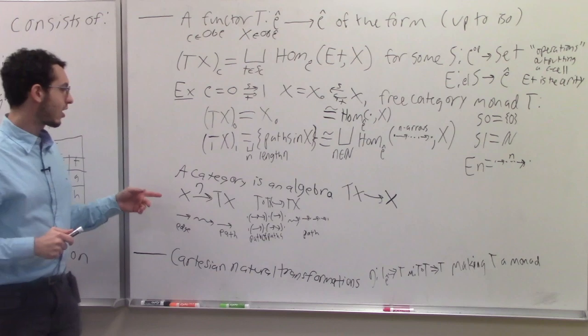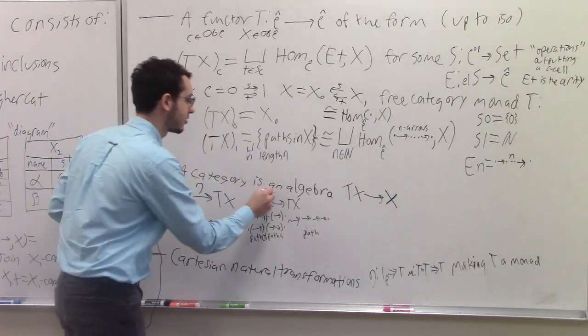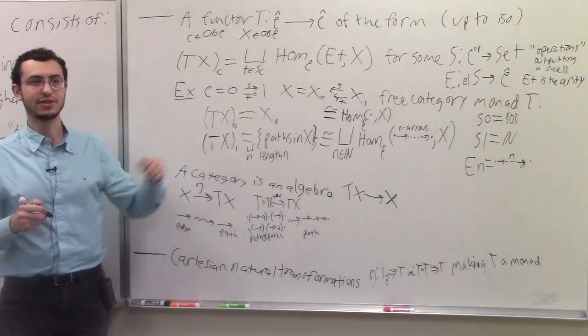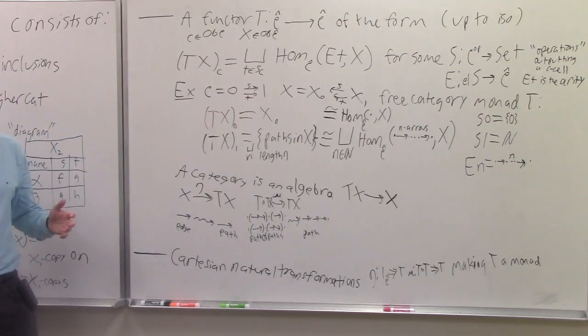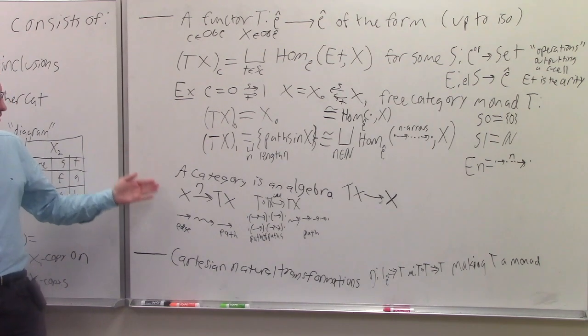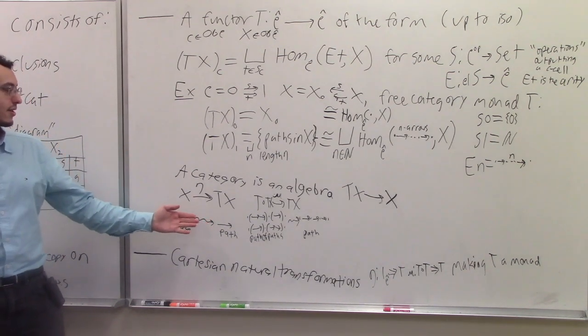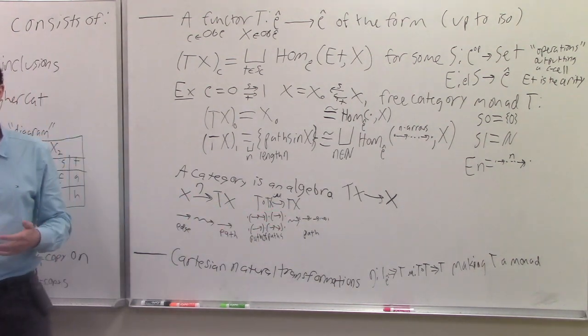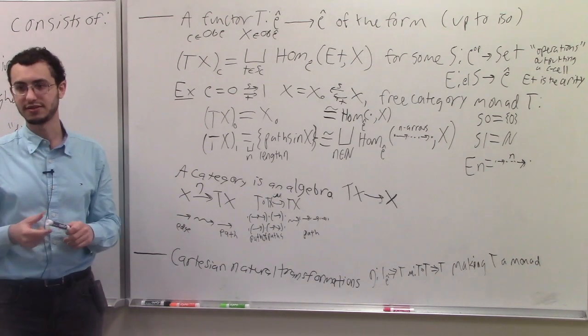I didn't actually write what eta and mu were in terms of these disjoint unions of representables. It'd be kind of messy. What I did instead was said, okay, we need edges to go to paths. We need paths of paths to go to paths. We need to be able to choose operations corresponding to these things.